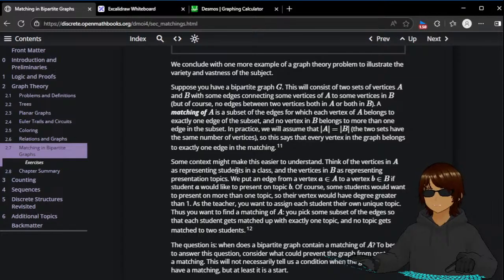Suppose you have a bipartite graph G. This will consist of two sets of vertices A and B with some edges connecting some vertices of A to some vertices in B. But of course, no edges between two vertices both in A or both in B. A matching of A is a subset of the edges for which each vertex of A belongs to exactly one edge of the subset.